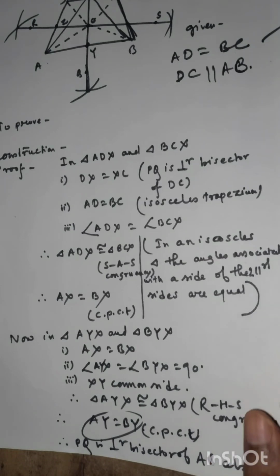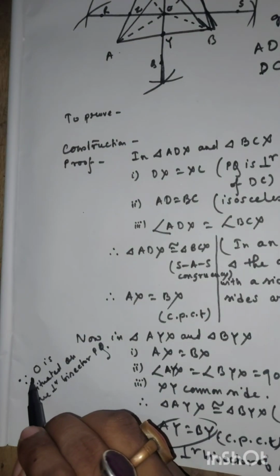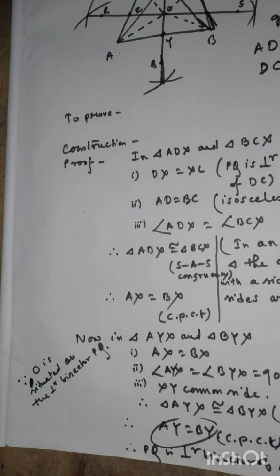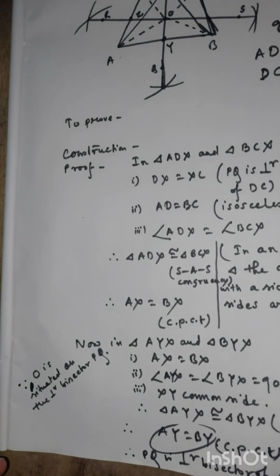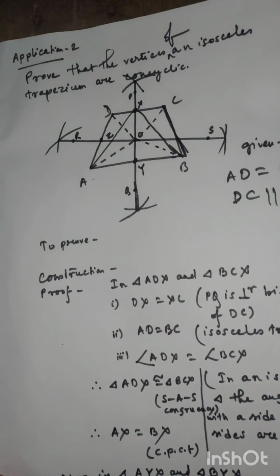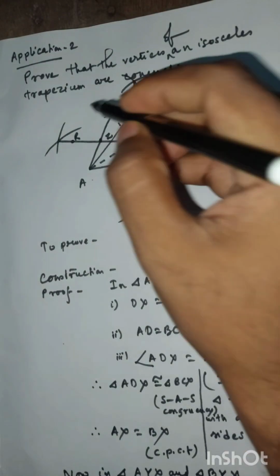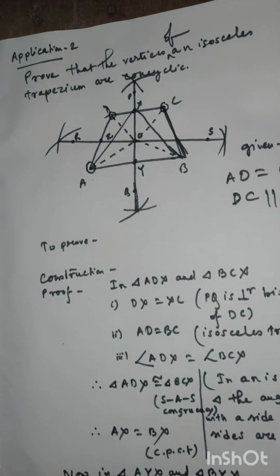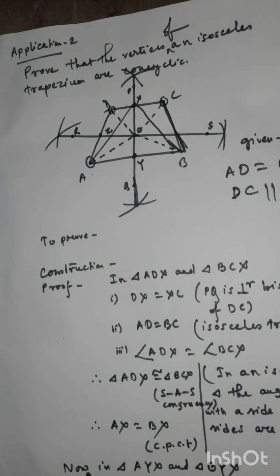Okay, from this information we can write, since O is situated on the perpendicular bisector PQ, we can write, see, for these 3 points C, D and A, in this case DC and AD are two lines and C, D and A are three non-collinear points obviously.